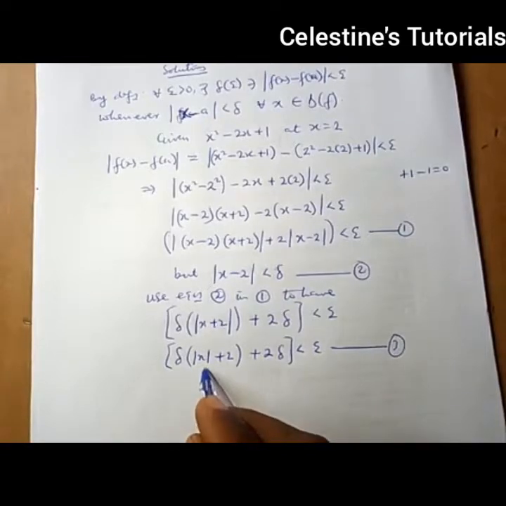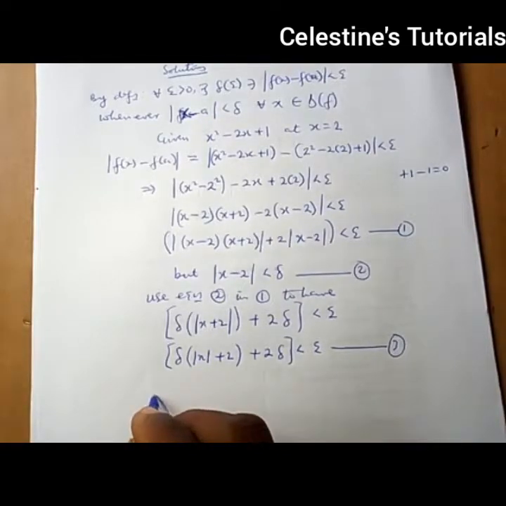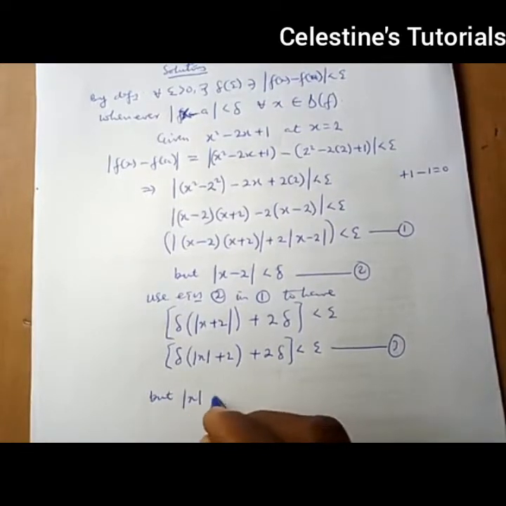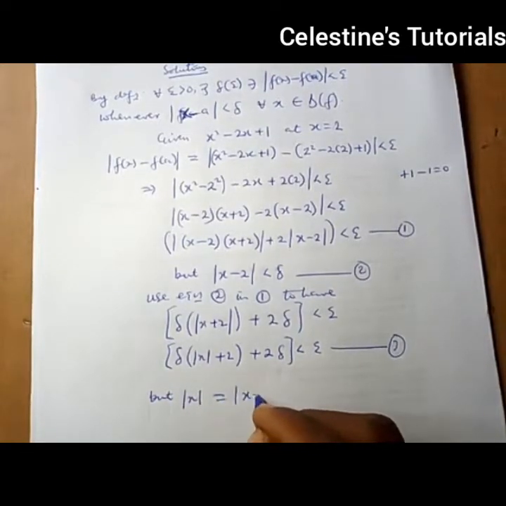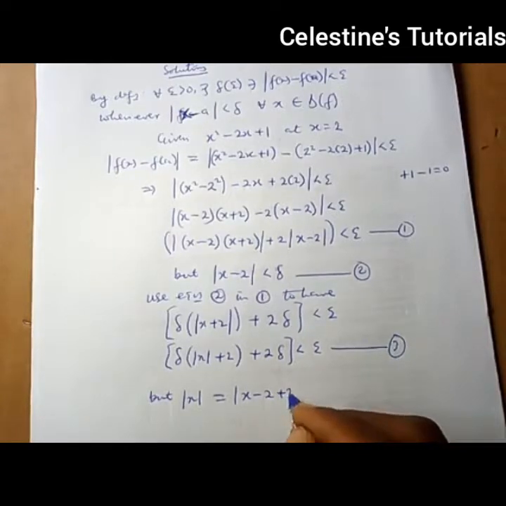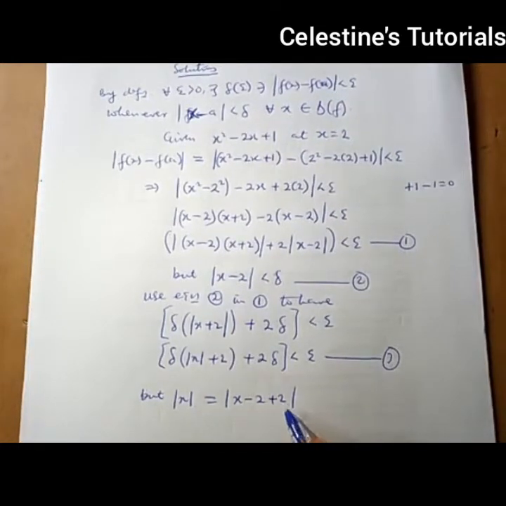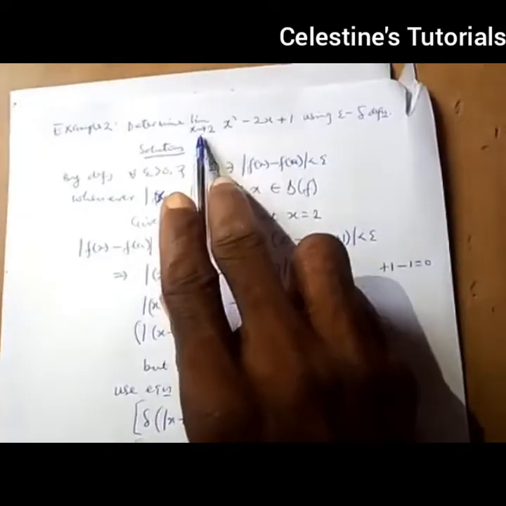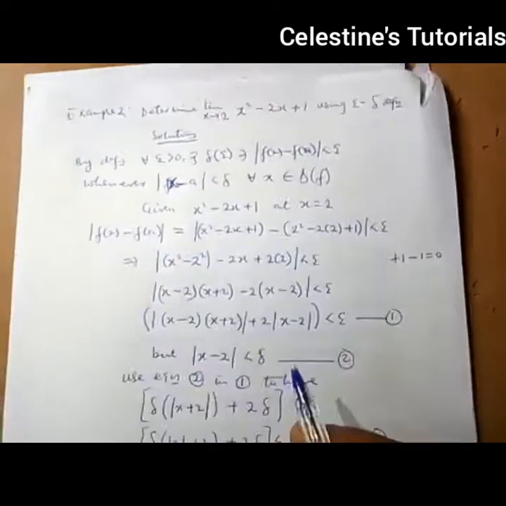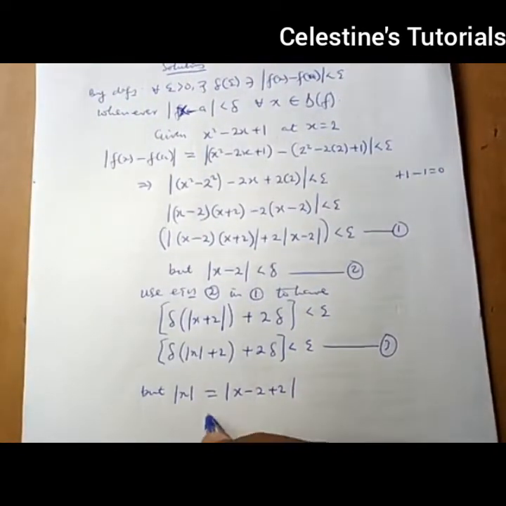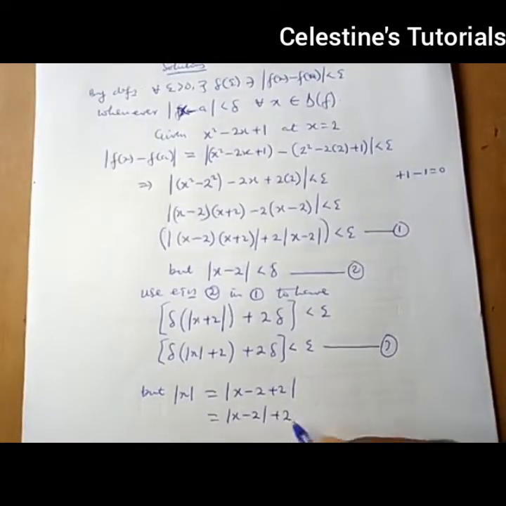We have to evaluate this, but this is equal to x minus 2 plus 2. Now we have been using x minus 1, now we are using x minus 2 plus 2 because the interval is x tends to 2. So from here, this is x minus 2 plus 2.